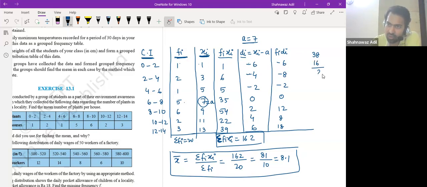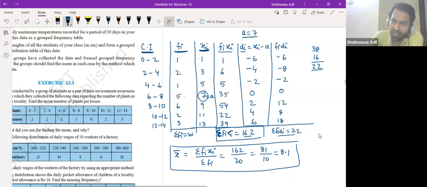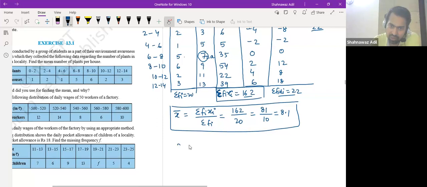So this is 2 and then this is 2. Right. So this is 22. Okay. So summation of fi di is 22. So this is a smaller number. This was big. This is a smaller number. If we have fi di, so from assumed mean method, what is the mean?